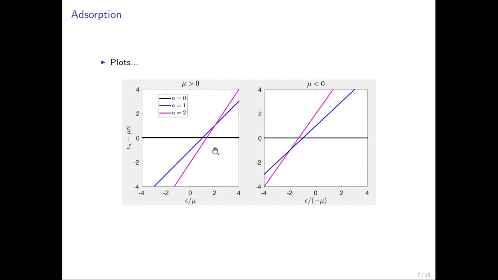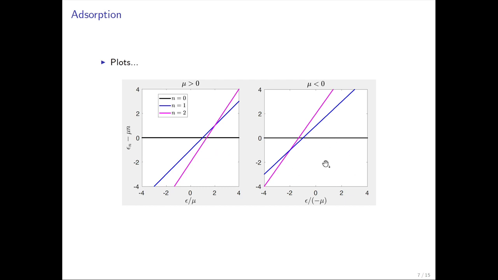Below this point, the dominant term in the partition function, which gets very, very large compared to all the other terms, is the term with n equals 2. Above this point, the dominant term, as beta goes to infinity, as temperature goes to 0, becomes the n equals 0 term.